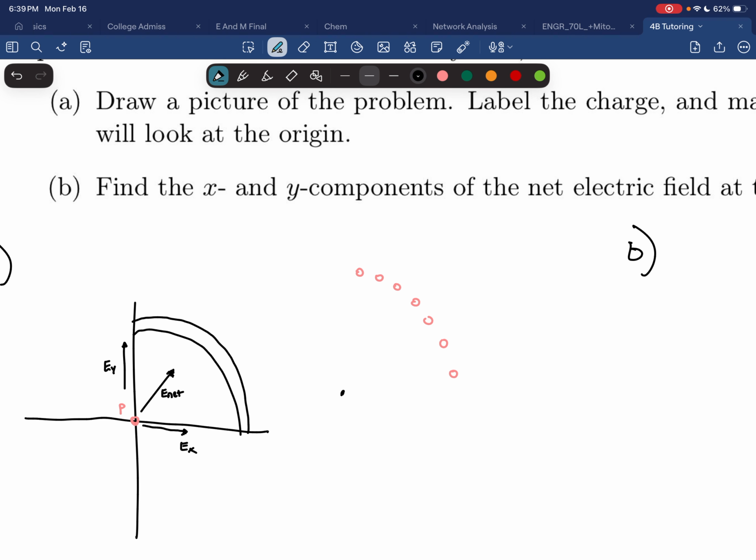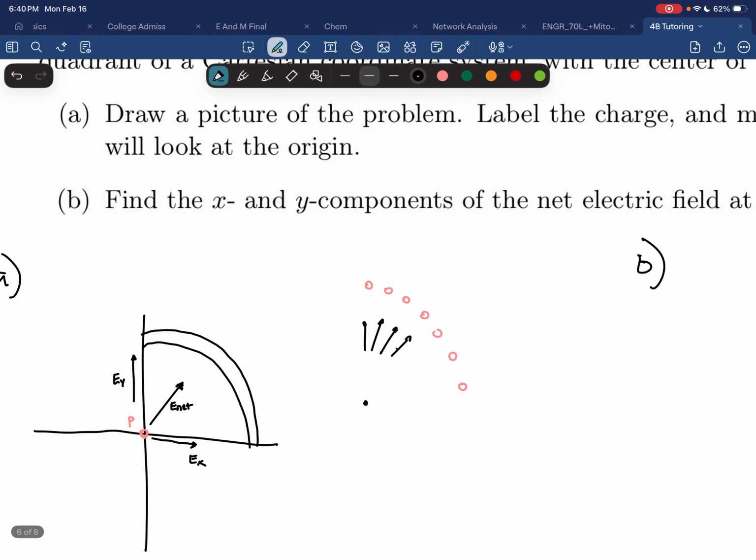And so if point P is here, that means that we have an electric field vector individually for each one of these charges. So for this charge right here, you'd have this vector. For this charge right here, you'd have this vector, this vector, and so on.